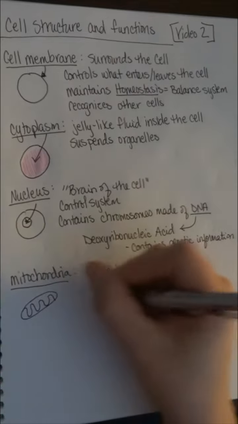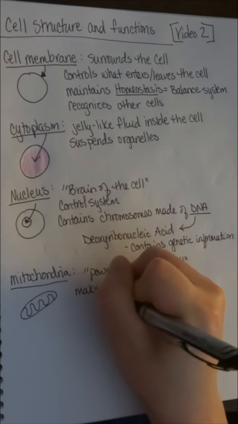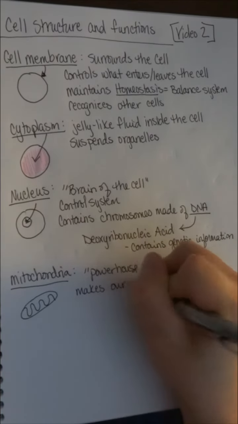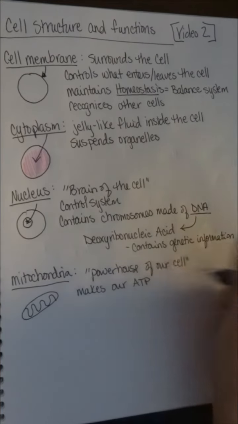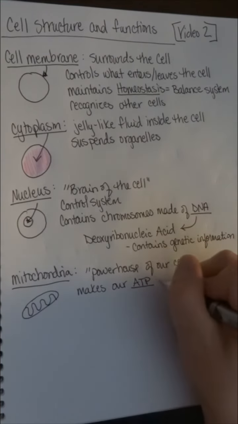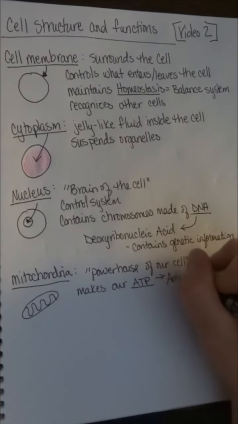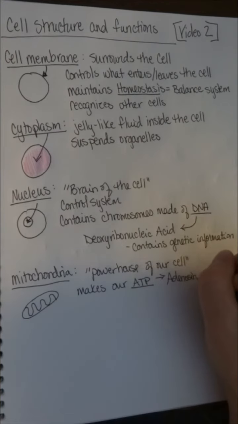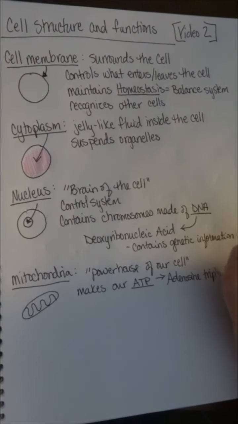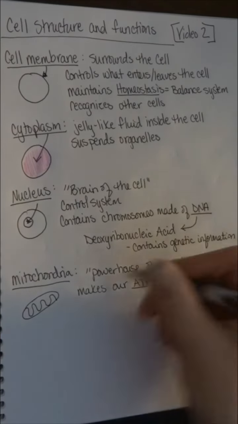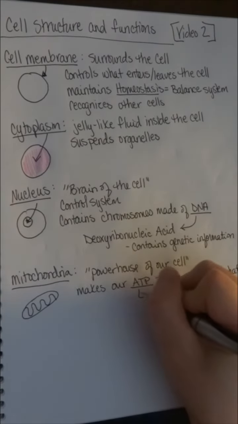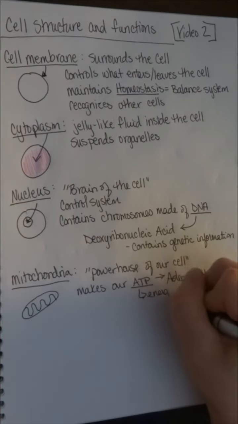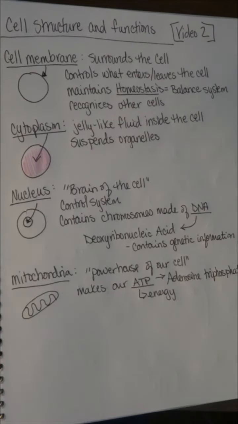Our mitochondria makes our ATP. And what is ATP? ATP is adenosine triphosphate. And this is our energy. This is what our body makes. This is what keeps us going when we have to.